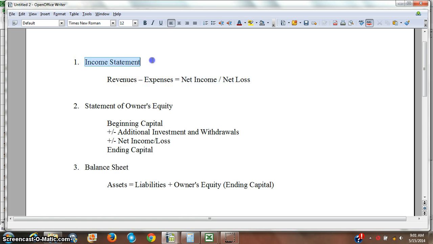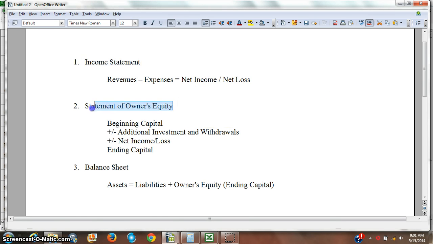So there's the income statement, and then there's the statement of owner's equity, which is the beginning capital, the capital I had at the beginning of the month, plus or minus additional investment. That's obviously going to be a plus, and the withdrawals is going to be a minus, and then plus or minus net income or net loss. What these two statements do together: first of all, the income statement tells whether your business is making money or losing money.